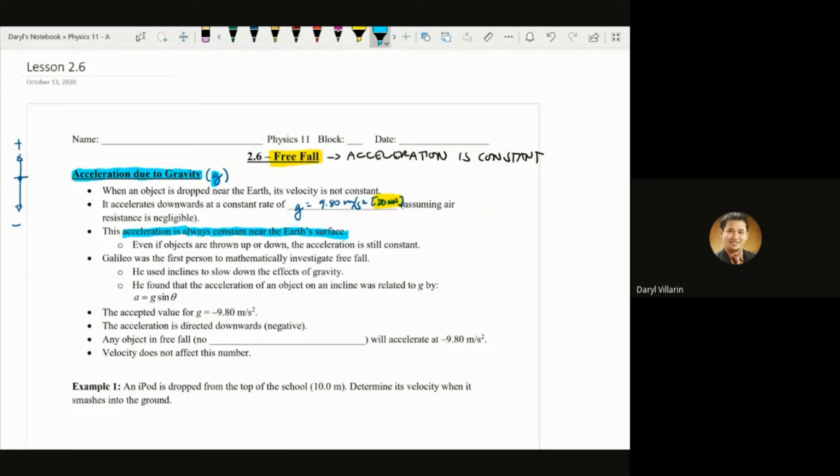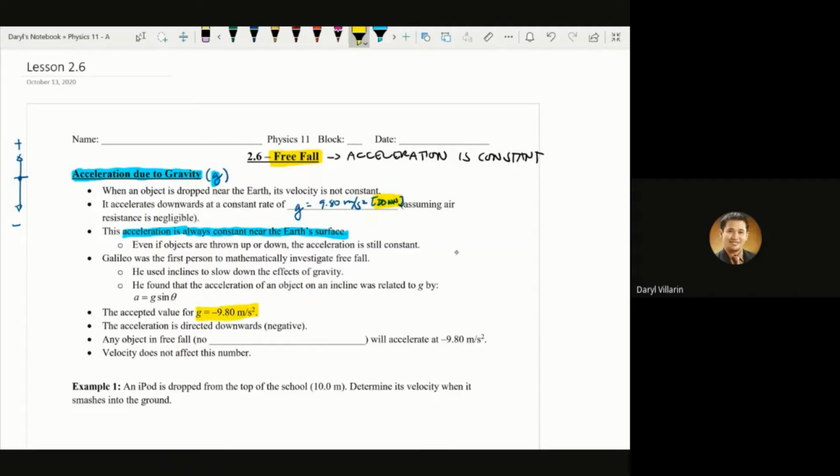According to legend, Galileo Galilei tried to throw some objects there. He also used inclines to investigate the effects, and he found that the value of g is constant. For the rest of our course, we will use the value of g as negative 9.8.